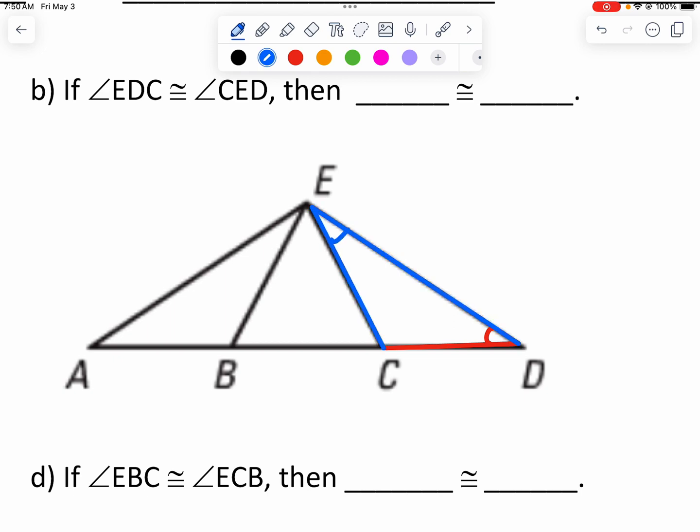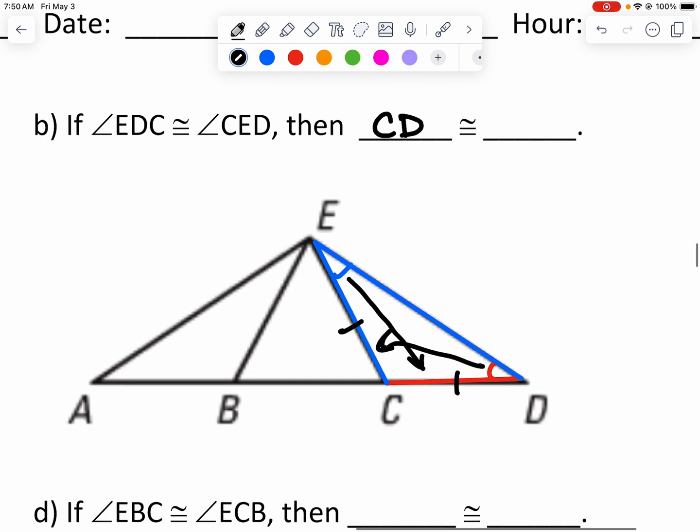That's this one. All right, so obviously I can tell which triangle I'm working with, and it's this one right here. If I know that two angles are congruent to each other, it can tell me something about the sides that are across from them. That would be CE and EC, and those are also congruent.